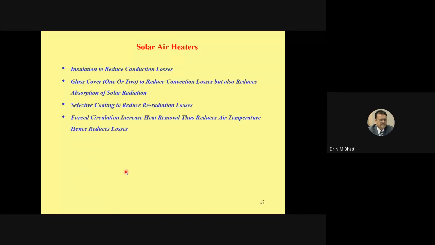Then you must have observed that there are one or two glass covers. They reduce the convection losses, but it also reduces the absorption of solar radiation, as I mentioned earlier. Selective coating is normally used, now very popular, to reduce the radiation losses.